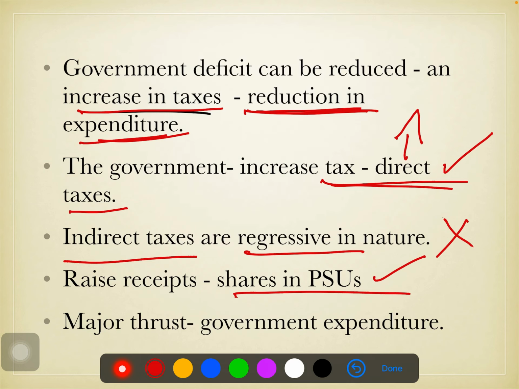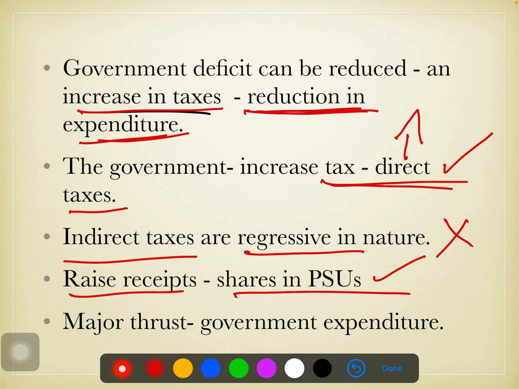To raise the receipts, whatever PSUs we have, we can do disinvestment. We can sell the shares of PSUs, and that is called disinvestment. We can do that especially when a PSU is not working and is running at a loss. If it is profitable, it is already a receipt to the government as income. But when a PSU is running at a loss, it is better to sell its shares. That is called disinvestment.